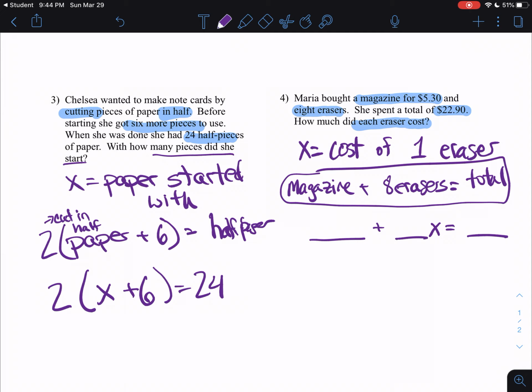However, I did see one thing. Some people forgot to distribute to that second number. So make sure, just like what we talked about with expressions, go to the 2 and the 6. Drawing the arrows, I swear it helps. Guys, I don't know why, except you're purposefully saying I have to give that number to everything in my parentheses.